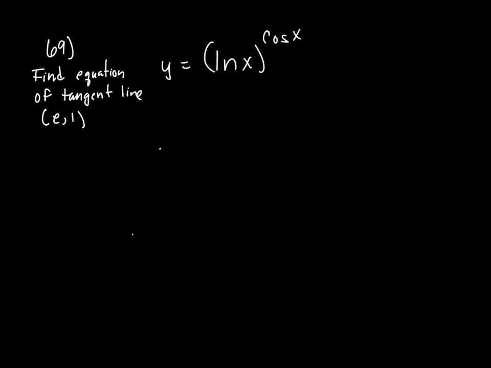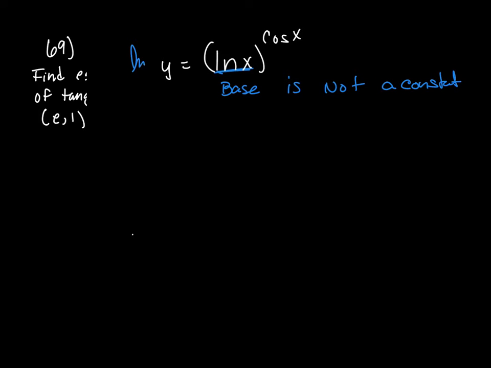With this, we have a problem here, because the problem is my base, right? All of this inside underneath here is my base. This is not a constant. And when it's not a constant, you can't leave it this way. So what you have to do is take the natural log of both sides, which starts to look really weird.